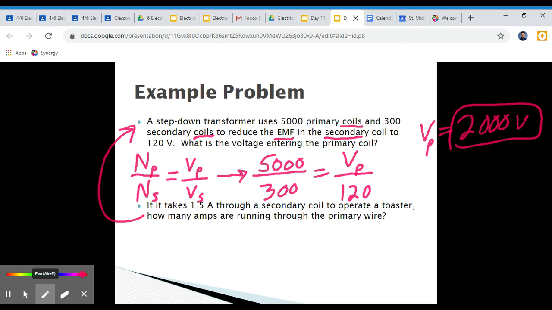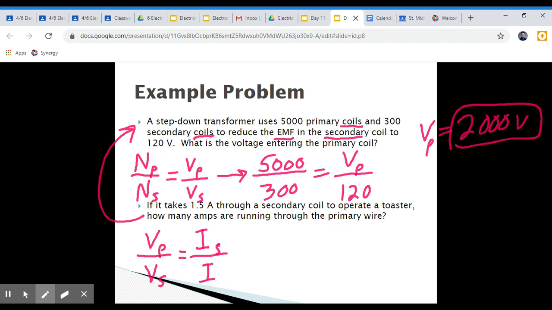So sorry, let me get a little bit ahead of myself again here. What we're going to use is my voltage in the primary over voltage in the secondary. That is going to be equal to my current ratio. Now remember, these are inversely related to each other, so I'm going to have current in my secondary over current in my primary.